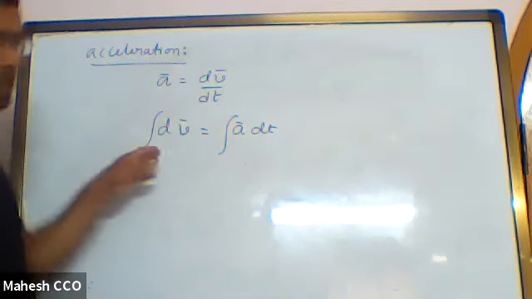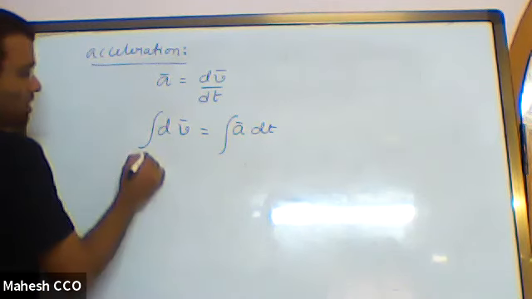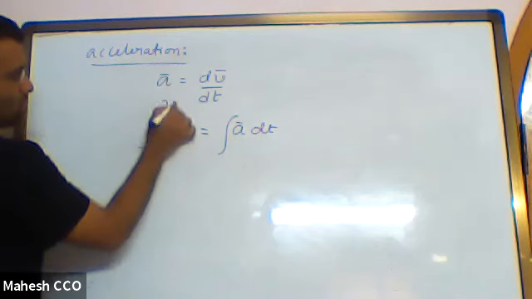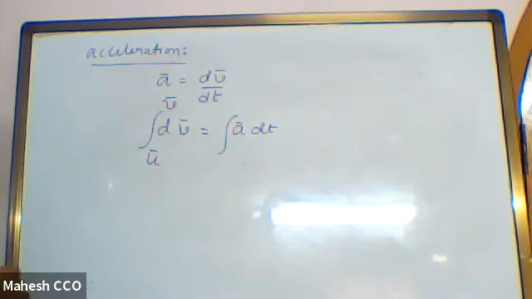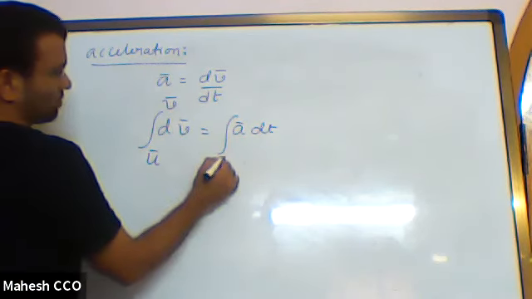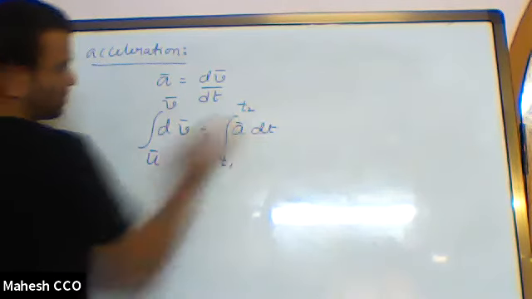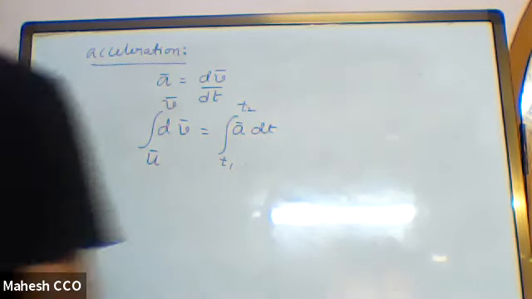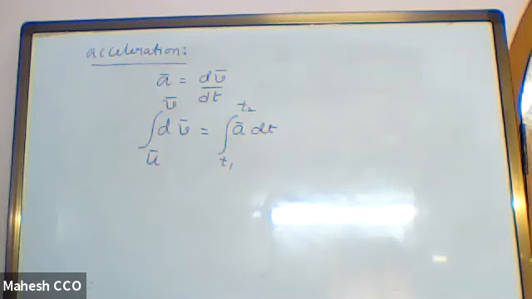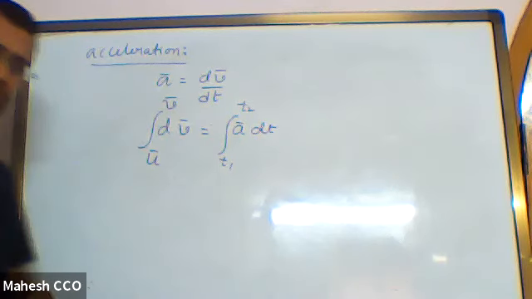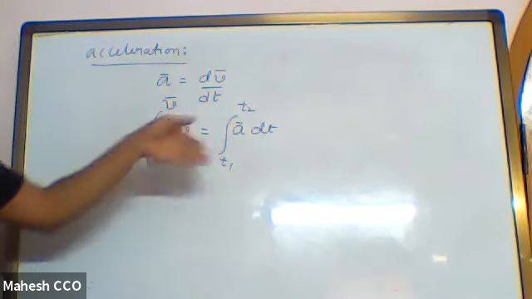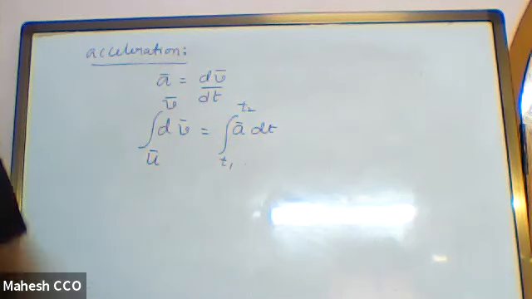Now the velocity is changing from something initial, that is u bar, to something final, that is v bar, from t1 to t2. At t1 the velocity is u bar, at t2 the velocity is v bar, then integral dv bar, going from u bar to v bar, is equal to integral a bar dt, going from t1 to t2.